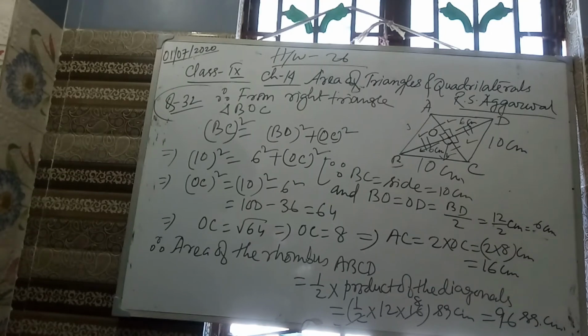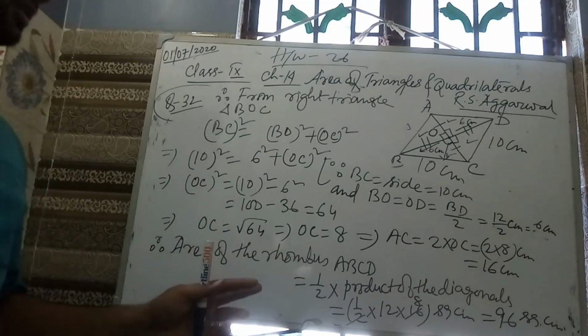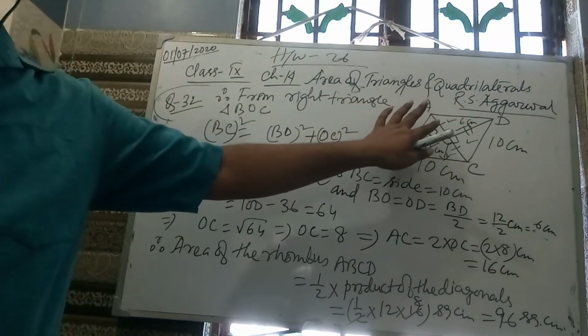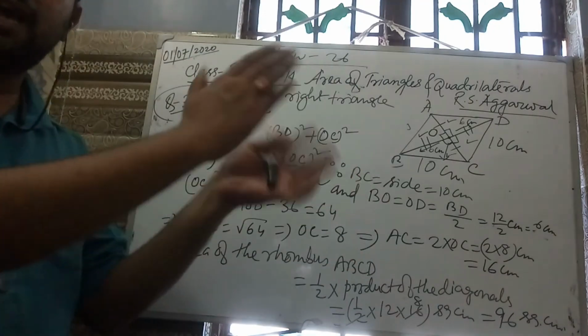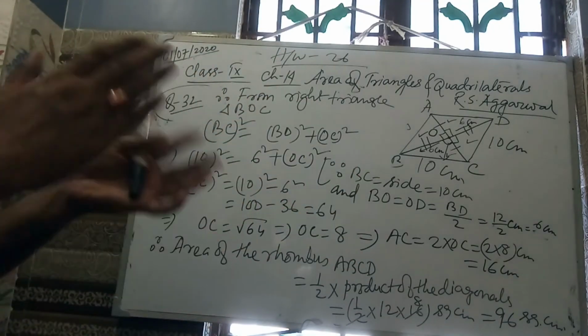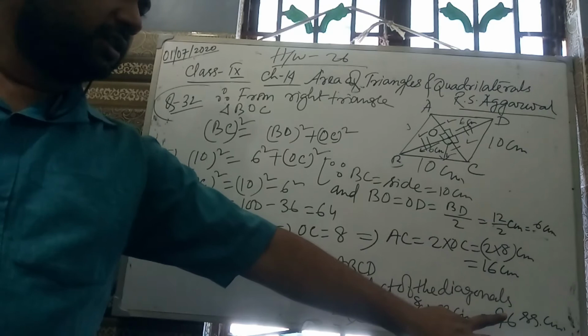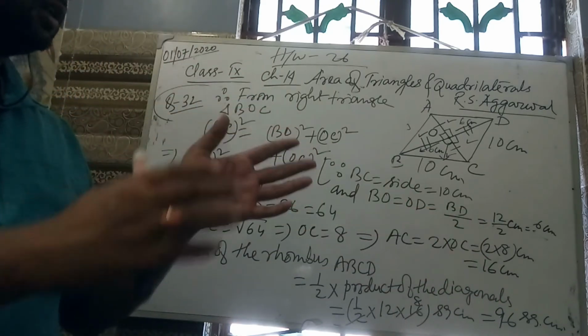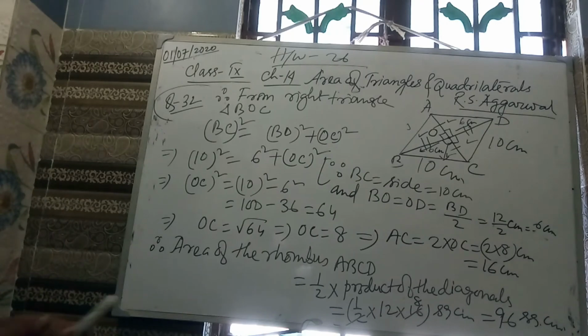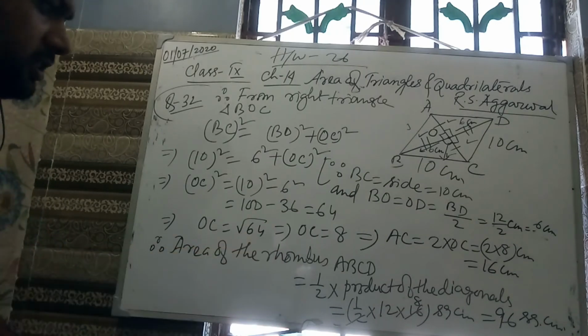So what is the answer? 96 square centimeter. And you have to find out the cost also. Look, area of a rhombus, you are finding out this face. So if we paint on both sides, the area will be twice.